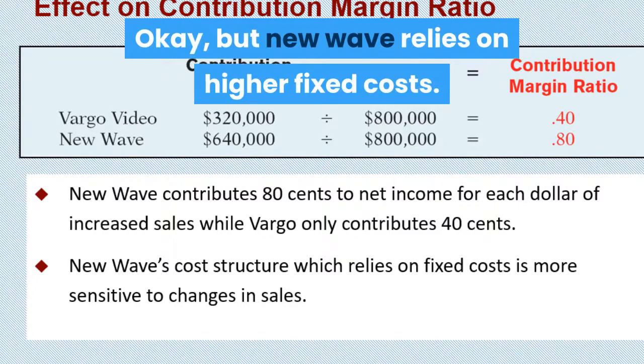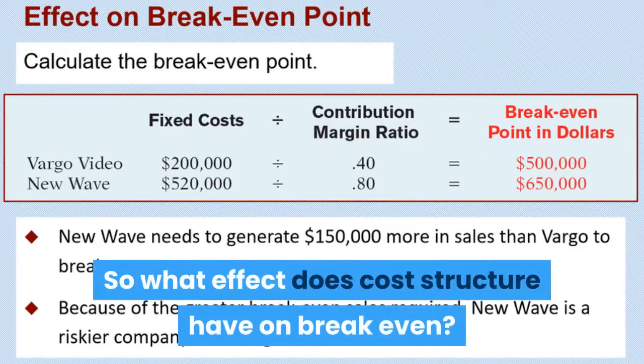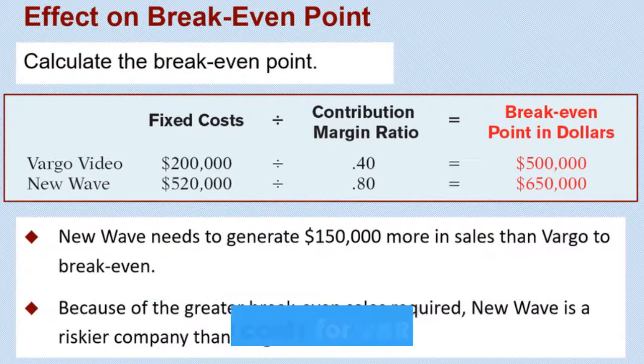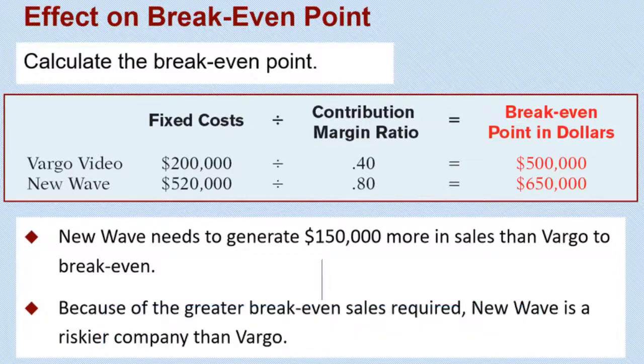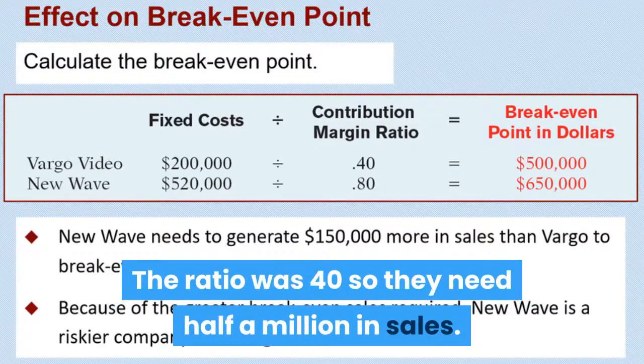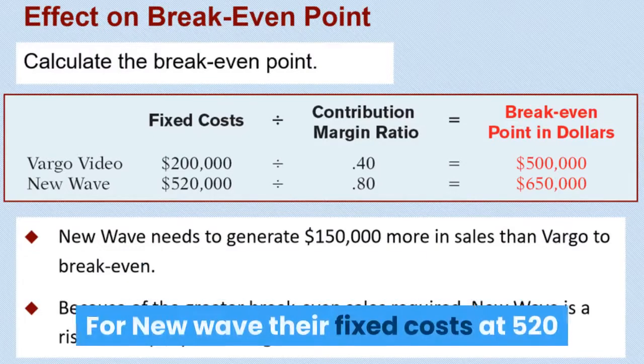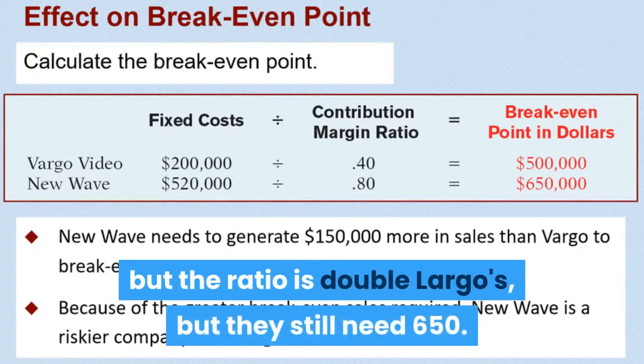So another way of looking at it is, for every sales dollar NewWave makes, the contribution ratio is 80 cents on every dollar. But NewWave relies on higher fixed costs. So what effect does cost structure have on the break even?